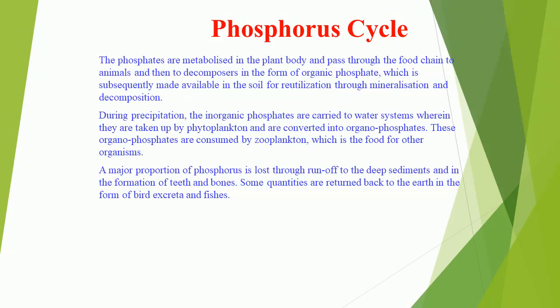These organophosphates are consumed by zooplankton, which is the food for other organisms. A major proportion of phosphorus is lost through runoff to the deep sediments and in the formation of teeth and bones. Some quantities are returned back to the earth in the form of bird excreta and fishes.